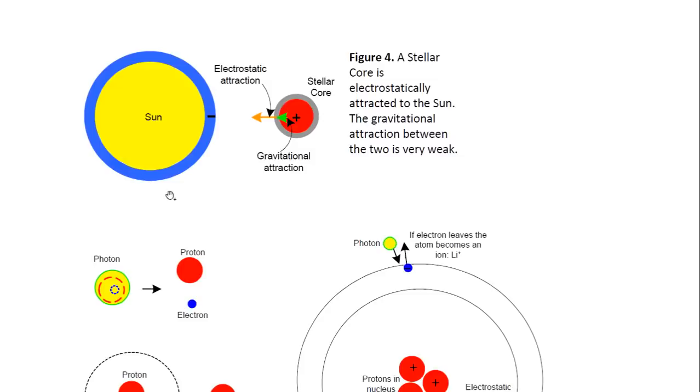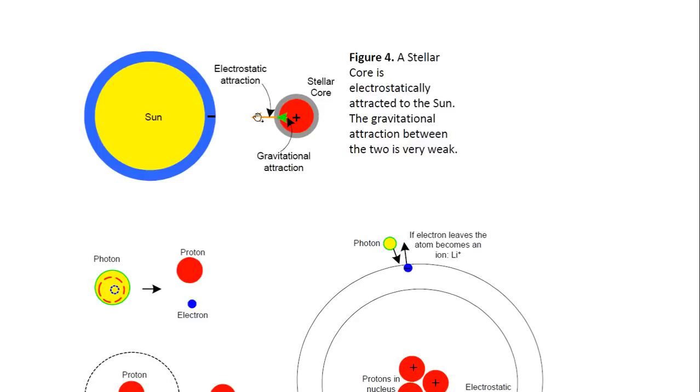Now, here we see illustrated what causes stellar cores to be attracted to the Sun, and it's basically the fact that they are positively charged, and they most likely have a neutral outer layer instead of having an outside layer which is negatively charged, which the Sun has. So, because it's positive, it will be electrostatically attracted to the Sun's outer layer of negative electrons.